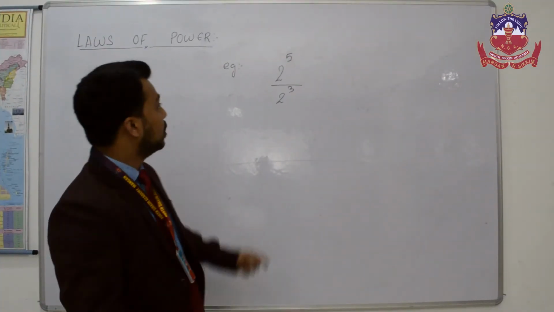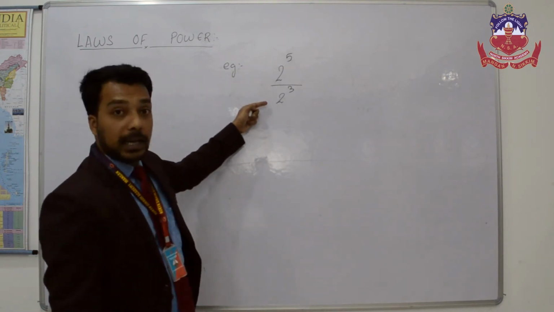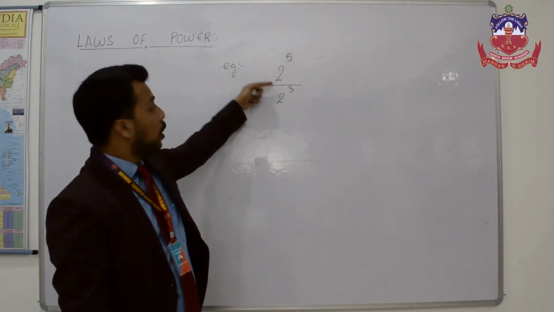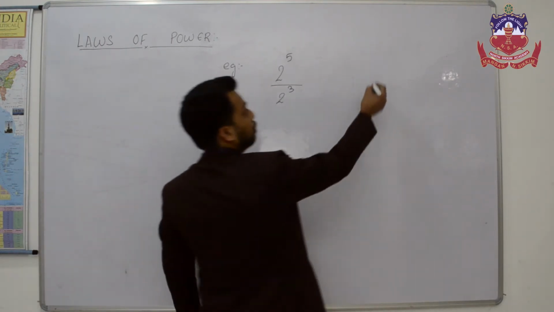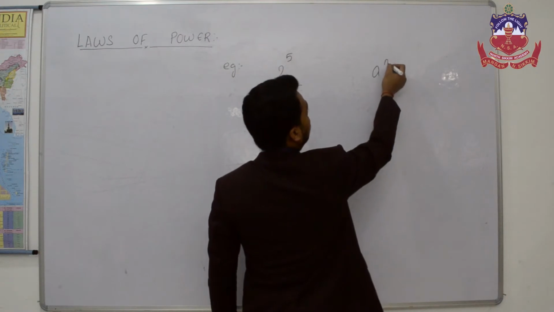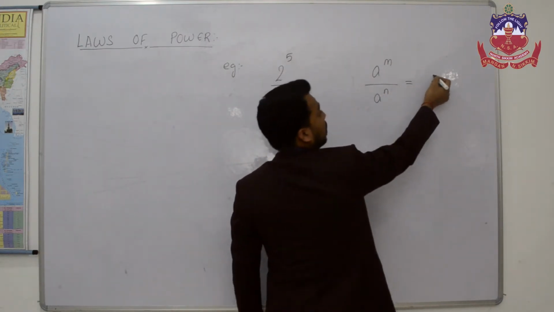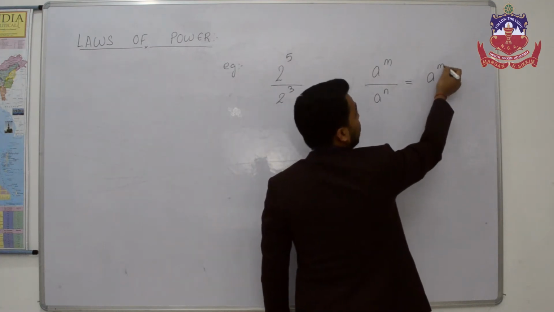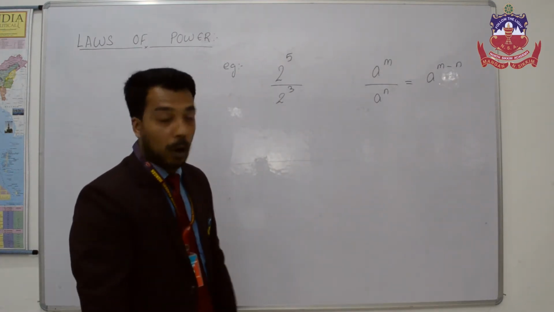The next example is 2 to the power 5 divided by 2 to the power 3. If the base is the same, we can use the fifth law, which is a to the power m divided by a to the power n, where the powers get subtracted, which is m minus n according to the law.